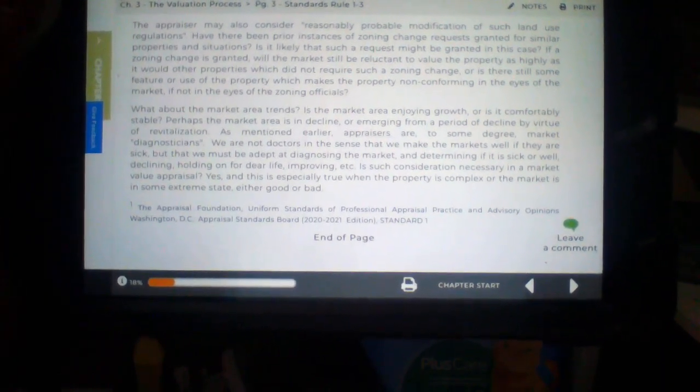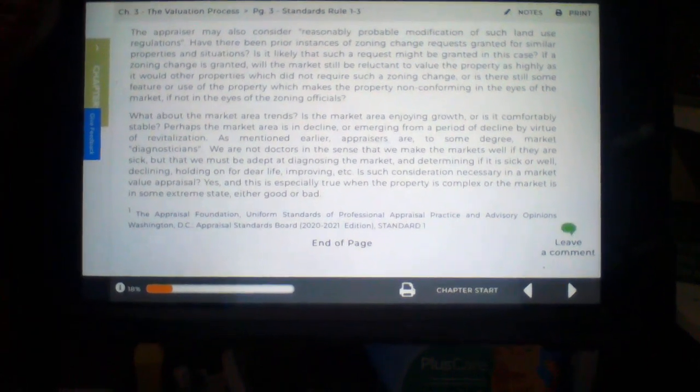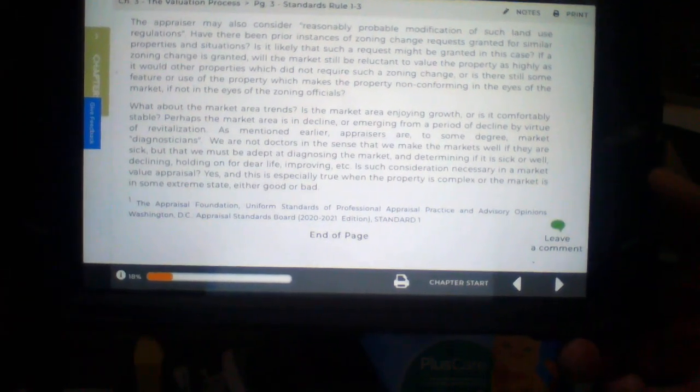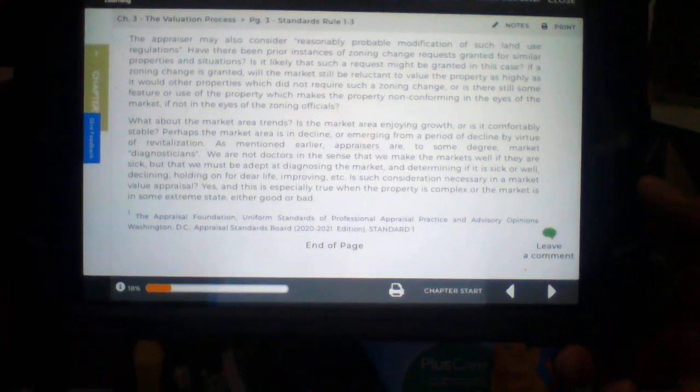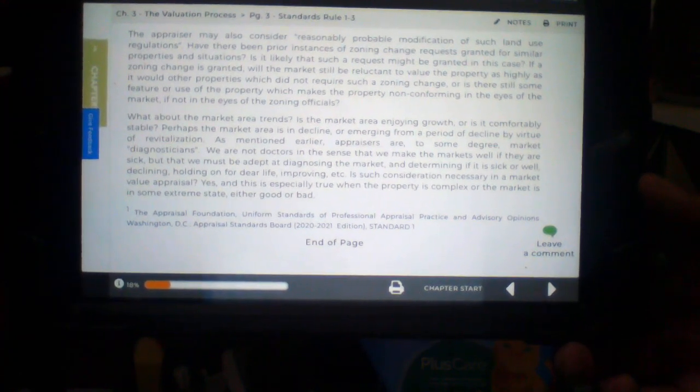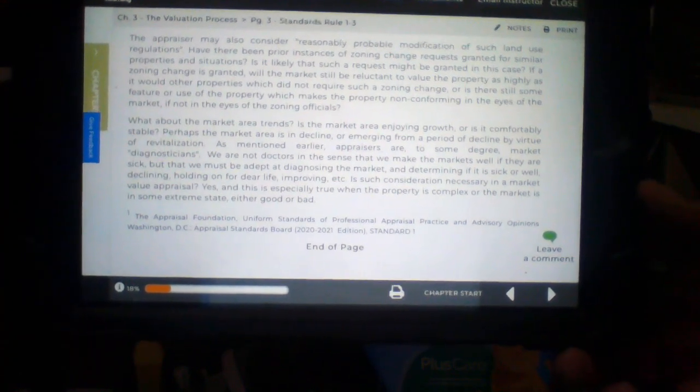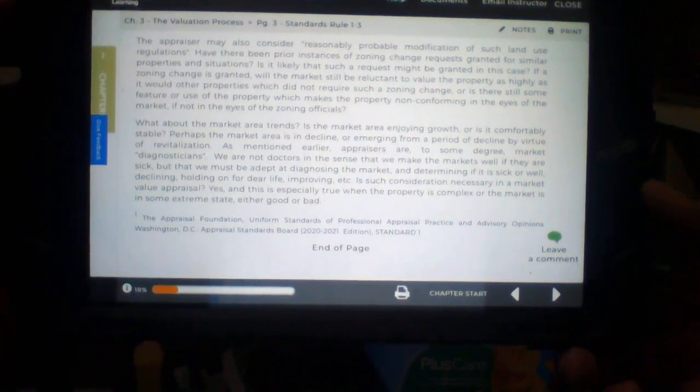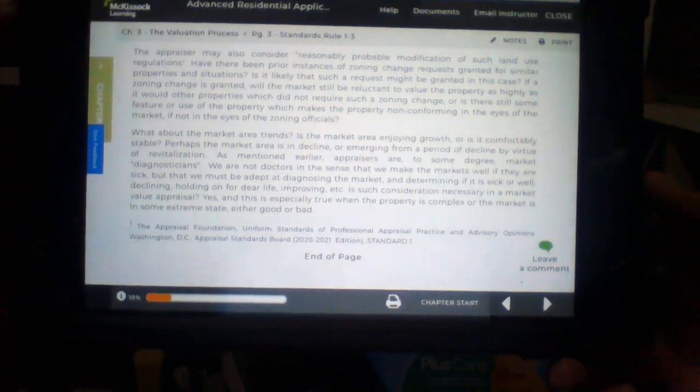If a zoning change is granted, will the market still be reluctant to value the property as highly as it would other properties which do not require such a zoning change? Or is there still some feature or use of the property which makes the property non-conforming in the eyes of the market, if not in the eyes of the zoning officials?